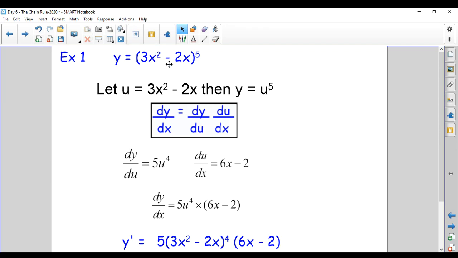Meaning, if I took this part here and let that part be u, then that would mean that the y function would become u to the power of 5, because this part here is replaced by the u. So it means that this becomes u to the power of 5. So just think about that for a minute. This 3x^2 minus 2x is my u here. And if I raise u to the power of 5, then I essentially have the same y equals (3x^2 minus 2x) to the power of 5.